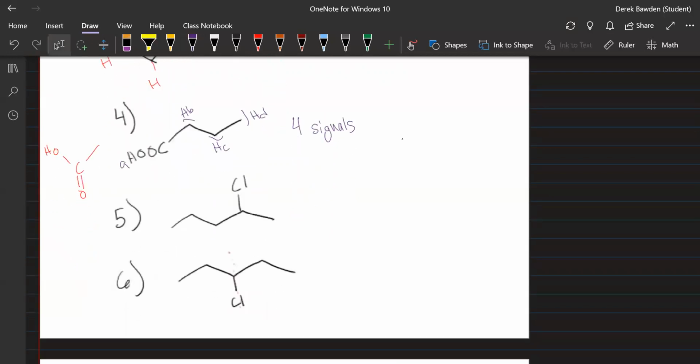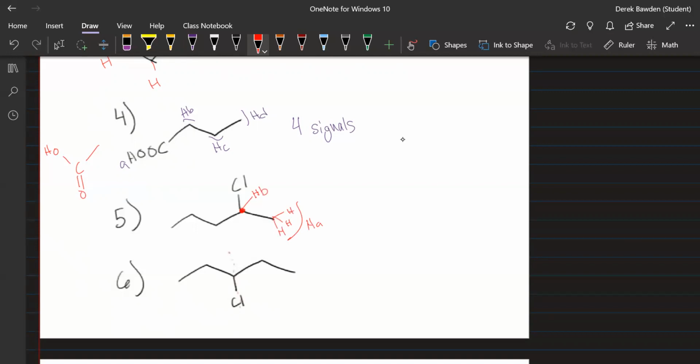Going on to number 5 here. We need to look for a stereocenter, and yes, there is a stereocenter here because we have a hidden hydrogen. We have 4 different groups around that carbon. So our CH2s will show as different peaks. Let's go ahead and draw all of our different hydrogens. These will all be HA.